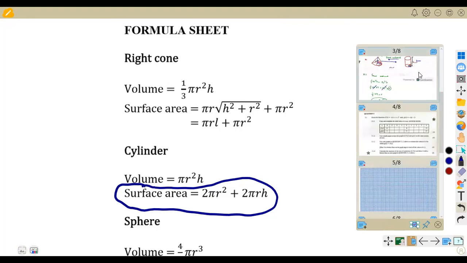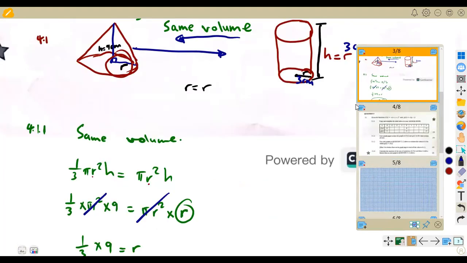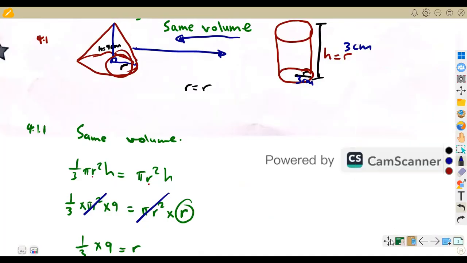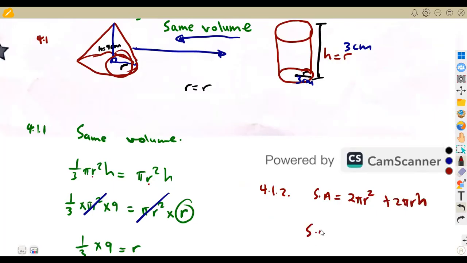So this is the one that we are going to substitute into. That's 4.12. So our surface area, as we saw from our formula, was 2 pi r squared plus 2 pi r h. Here it's just a matter of simplifying, substituting everything.